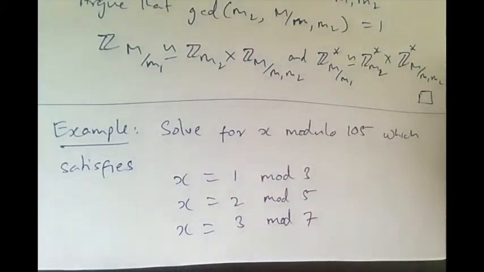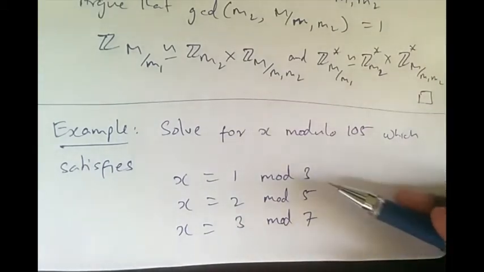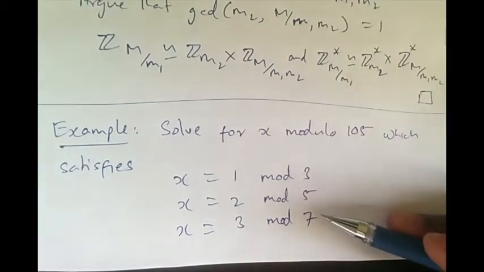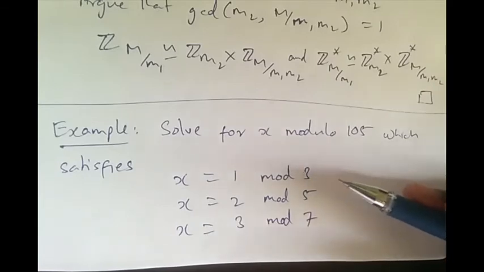Suppose I want to solve for this. Now 105 is the product of 3, 5 and 7. So 5 times 7 is 35, 35 times 3 is 105.